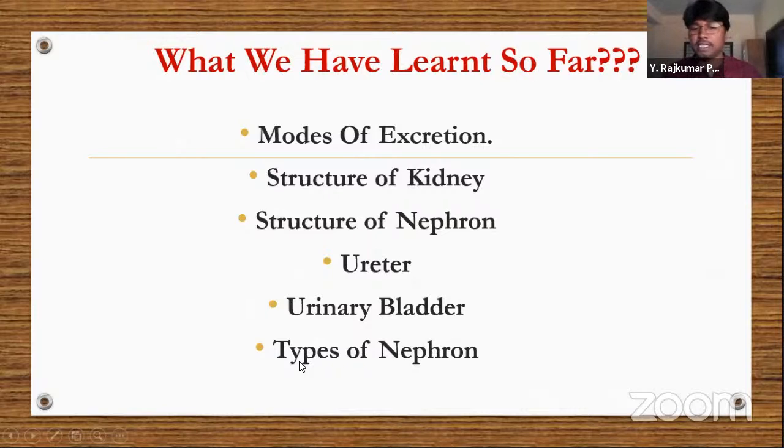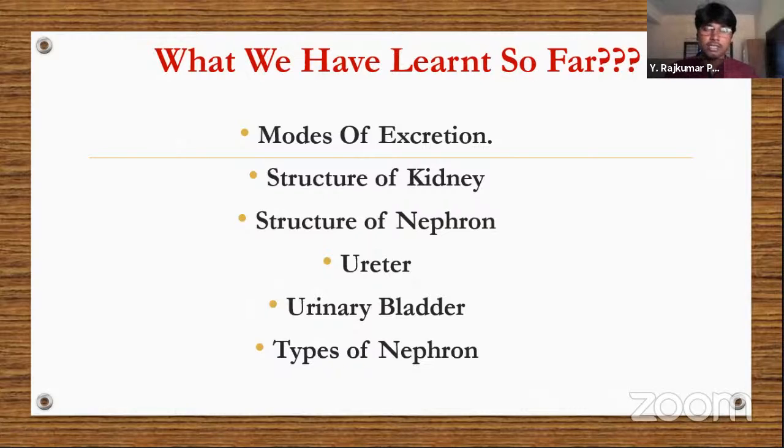Next, we studied the types of nephrons as well. There are two types of nephrons according to the location and the extension of the Henle's loop. The first type is juxtamedullary nephrons, and the second type is cortical nephrons.